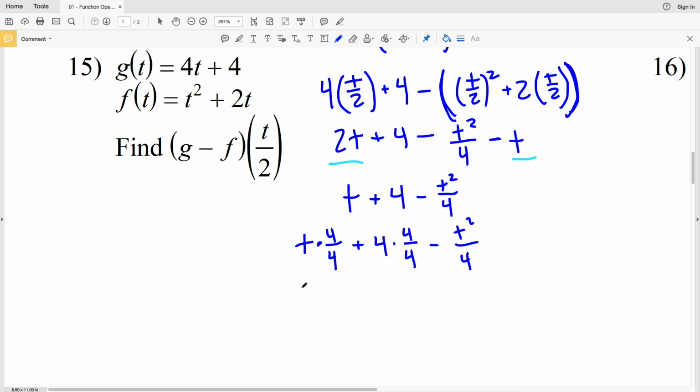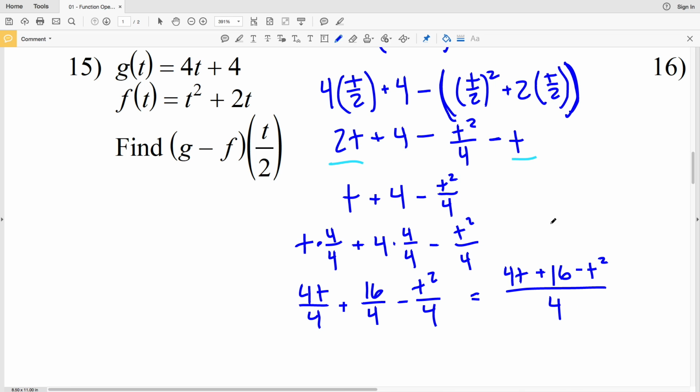T times 4 over 4 is 4t over 4. 4 times 4 over 4 is 16 over 4, and I'll be subtracting t squared over 4. Now, because they have a common denominator, I'll be able to add them all together over the same denominator. So 4t plus 16 minus t squared all over 4 is my solution in number 15.